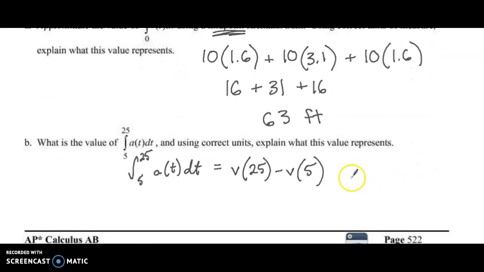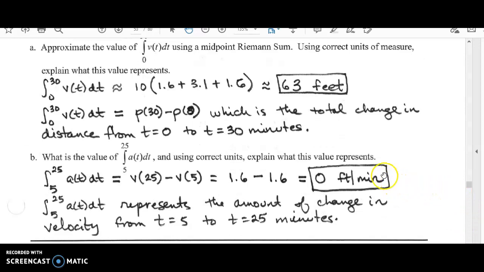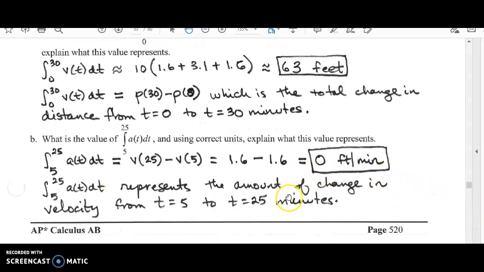So this is going to give us 1.6 minus 1.6, or 0, because we are finding the average acceleration, is another way of saying this. We're looking at the feet per minute. So just to give you some context, I want to make sure that I'm giving you the right context that we have here. It represents the amount of change in velocity from t equals 5 to t equals 25 minutes.